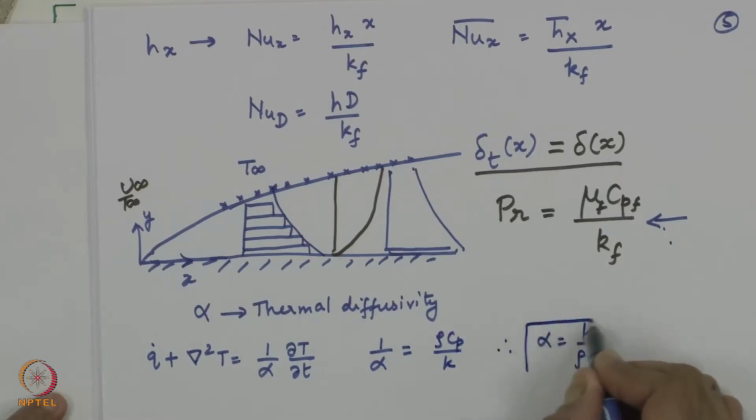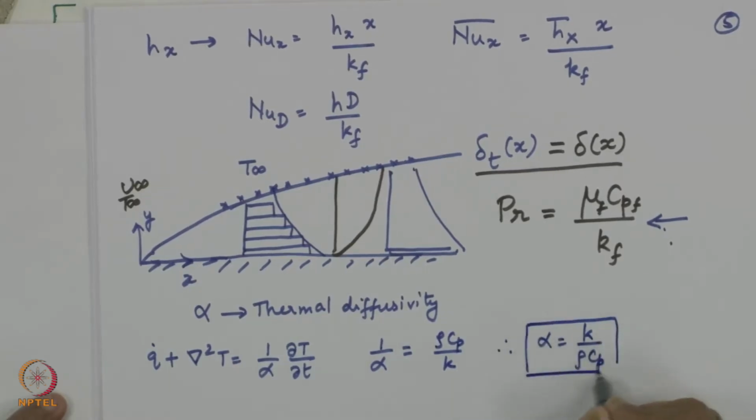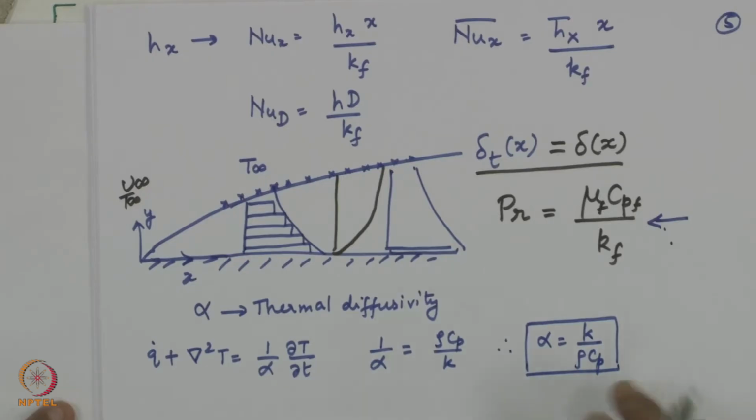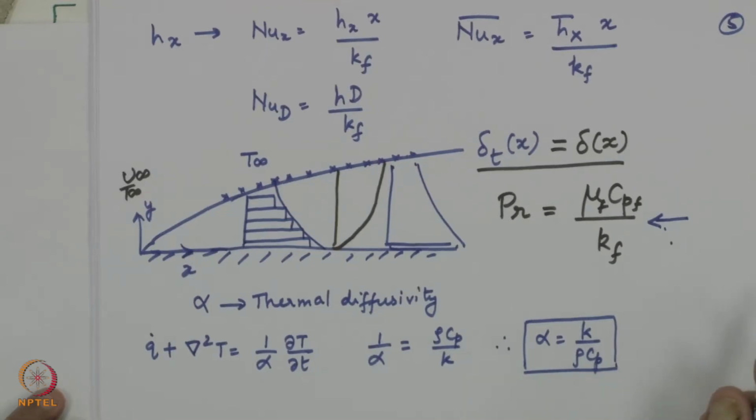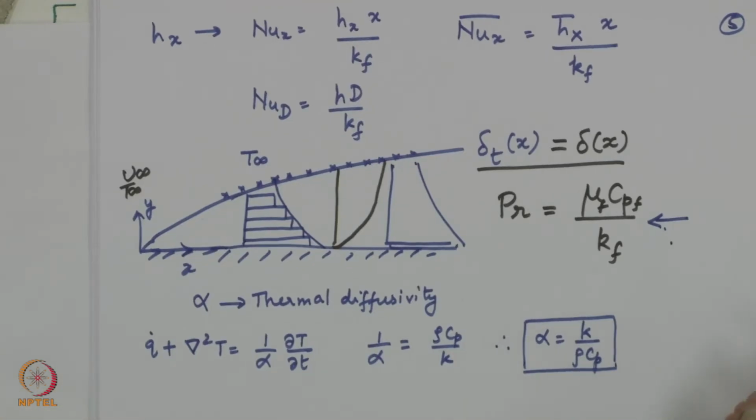This quantity, thermal diffusivity, is responsible for how effective the heat transfer is. K refers to the thermal conductivity, and rho Cp is a quantity used to indicate the energy storage.